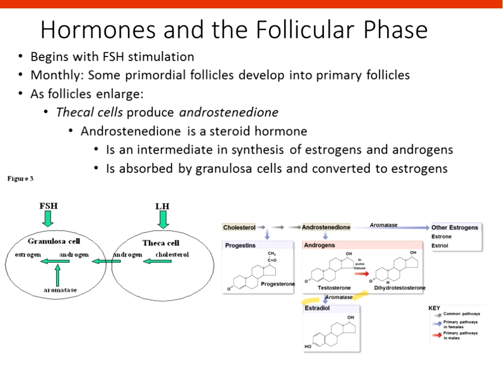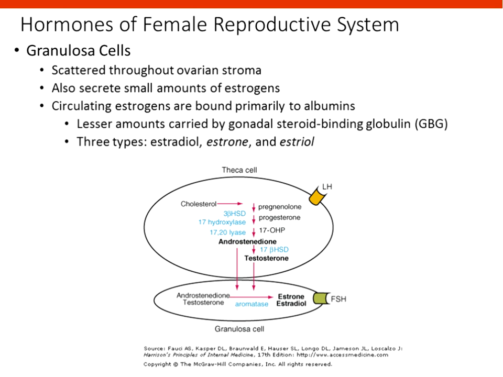Okay? So this is one of the reasons why you have to know thecal versus granulosa cells. The thecal cells respond to LH and take more cholesterol in from the bloodstream and convert more cholesterol into androgens, so the androgens can then be converted by the granulosa cells into estrogens. Okay?